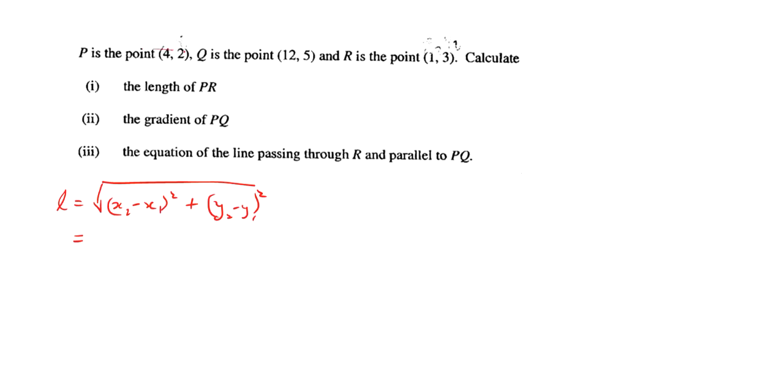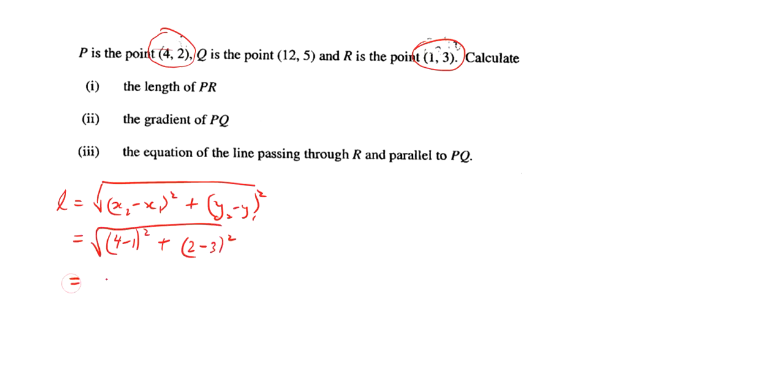So P is this one, and R is this one, right? So you can label your x1, x2, and y1, y2. Essentially it's the difference of the x coordinates squared, so it'll be 4 minus 1 squared plus 2 minus 3 squared. Find the square root of that.